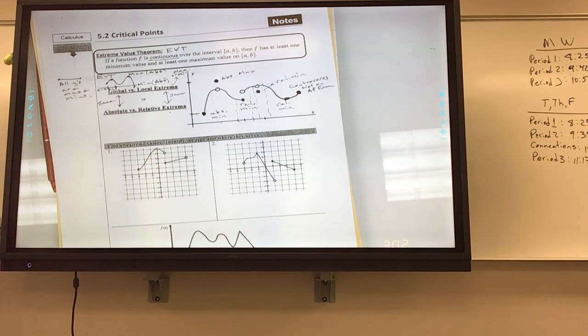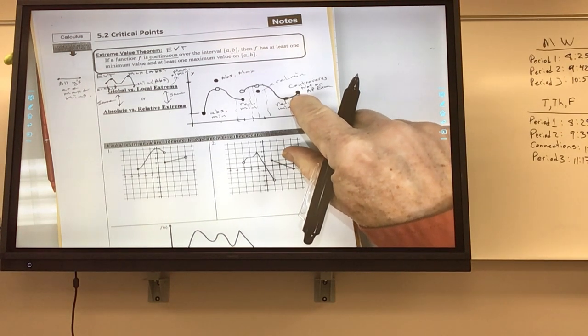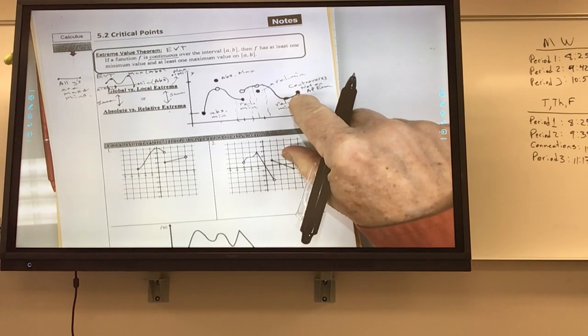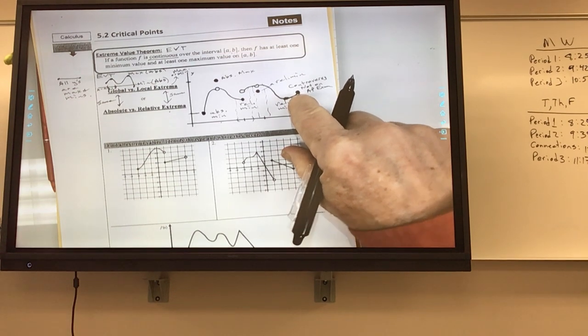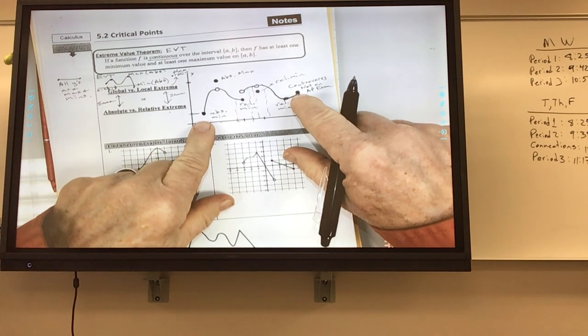Well, there's a group of mathematicians that say, hey, it cannot be a relative, it's not for sure. If you use the extreme value theorem, you could say, hey, it might be an absolute max, it might be an absolute min, correct? But it's neither one of those, right? Because here's the absolute max, here's the absolute min.